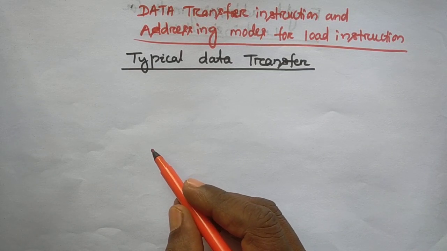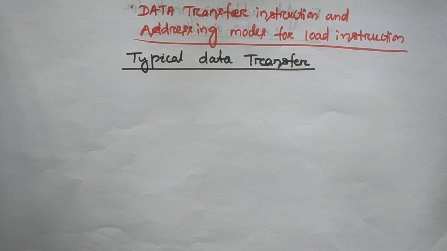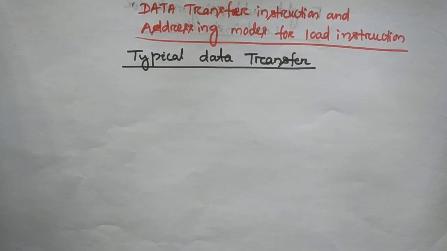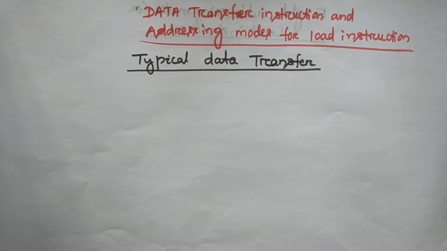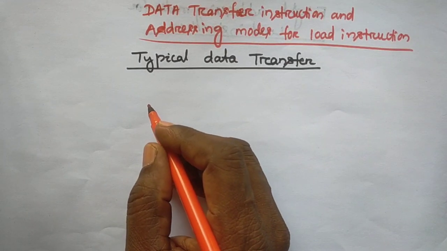As we go through data transfer, we will consider a certain number of mnemonics and their corresponding names. So we will see what kind of mnemonics and corresponding names we will use.